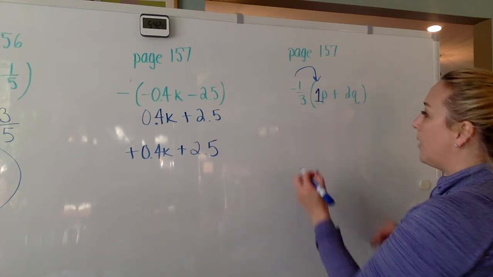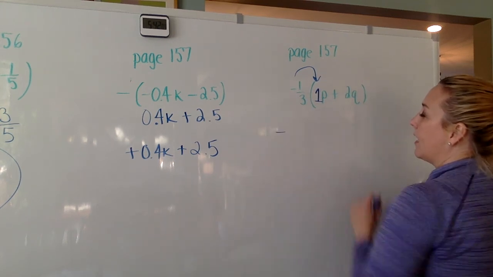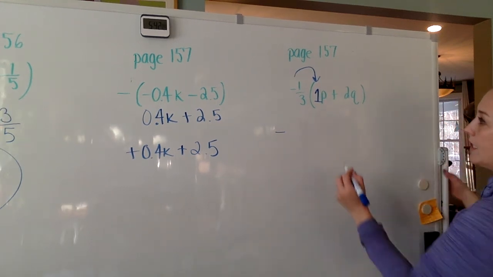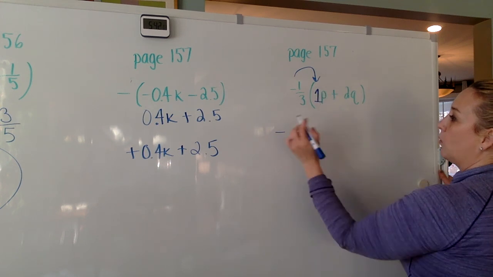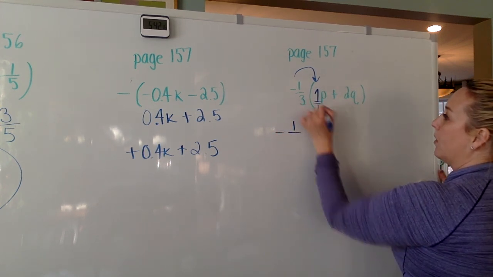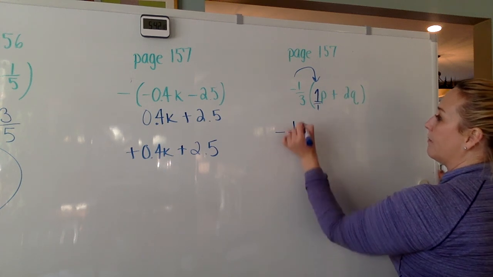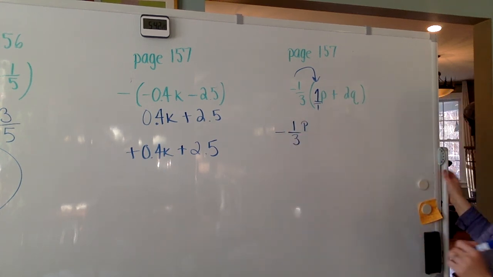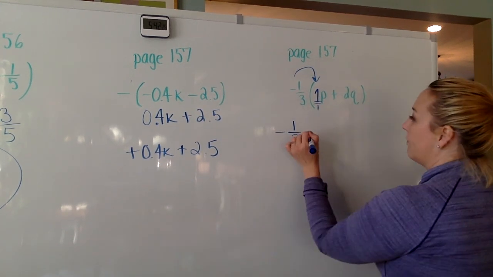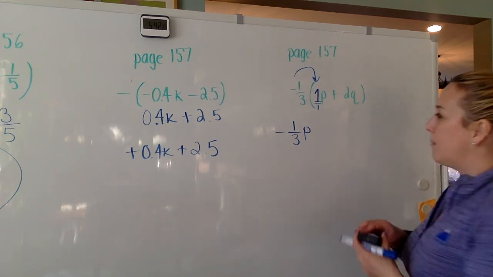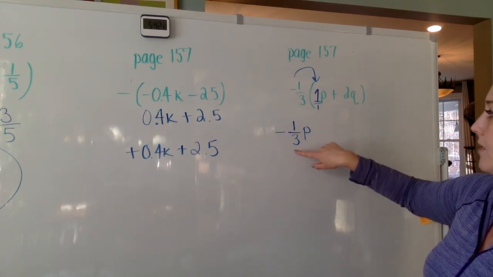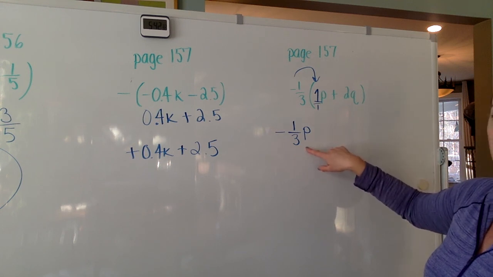A negative times a positive is a negative. 1/3 times 1P is the same as saying, well, 1 times 1 is 1. 3 times 1 is 3. And we can't forget the variable P. That makes sense, right? Negative 1/3 times P is the same as saying negative 1/3 P.